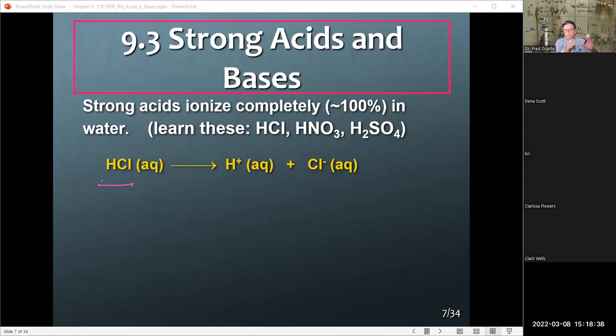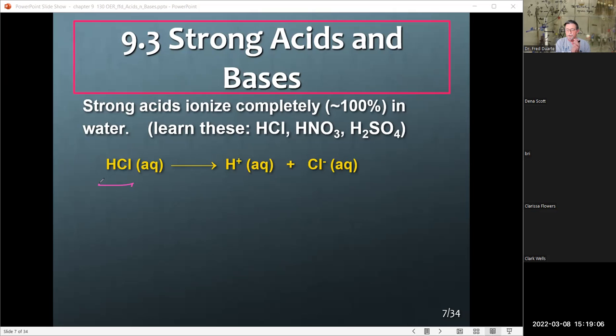Now, at the time, I said there are a lot of differences, but one difference between an ionic compound and a covalent compound is that ionic compounds, when you place them in water, dissociate and break up. Some of them dissociate completely, some not so completely. And the covalent compounds do not. They stay intact when you put them in water, with the exception of covalent acids.